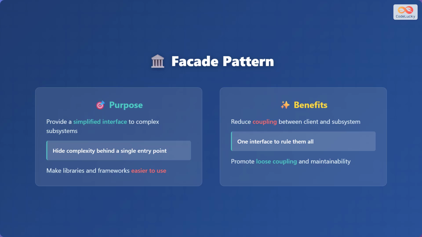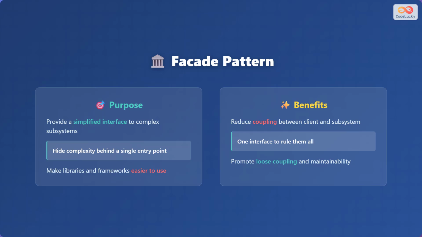Instead of requiring users to interact with each component individually, the facade pattern creates a single, unified interface that coordinates all these complex operations behind the scenes. The primary purpose is to hide complexity behind a single entry point, making libraries and frameworks much easier to use for client applications. This pattern is especially valuable when dealing with legacy systems or third-party libraries that have complex APIs.